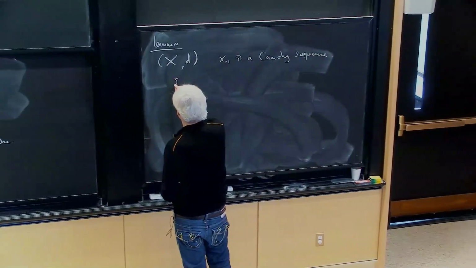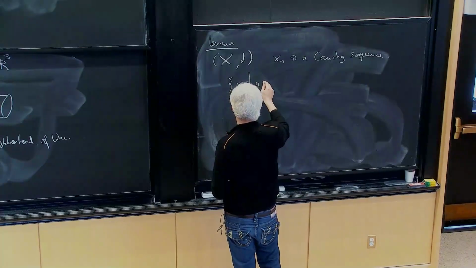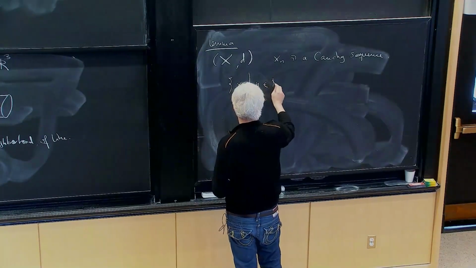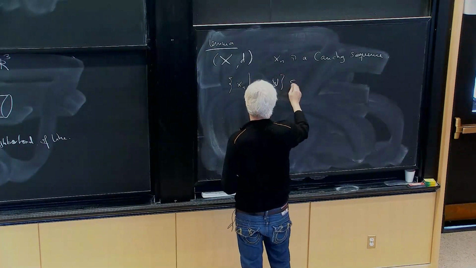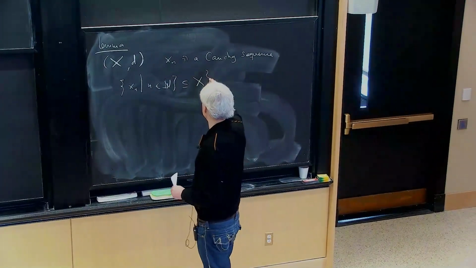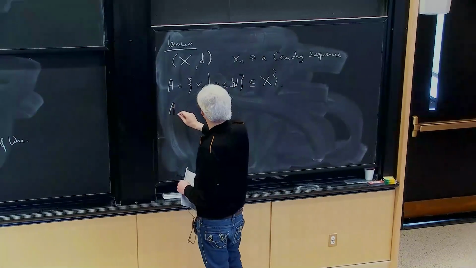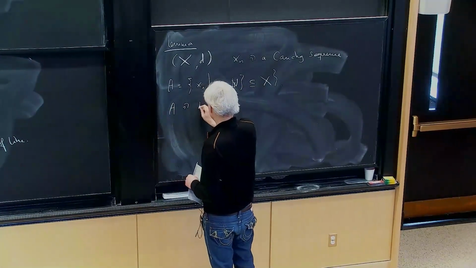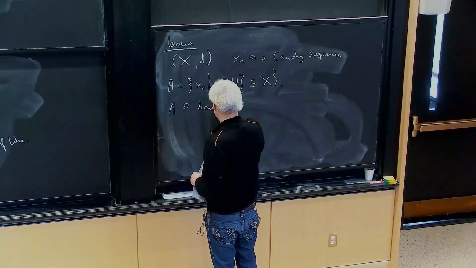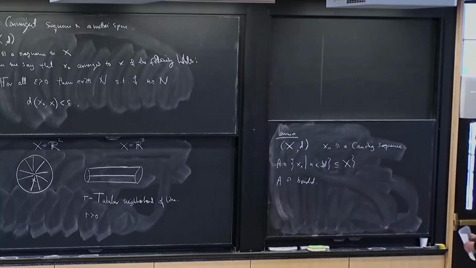And then we think about the set {x_n}, so this subset of X, which I'll call A, and I claim that A is bounded.